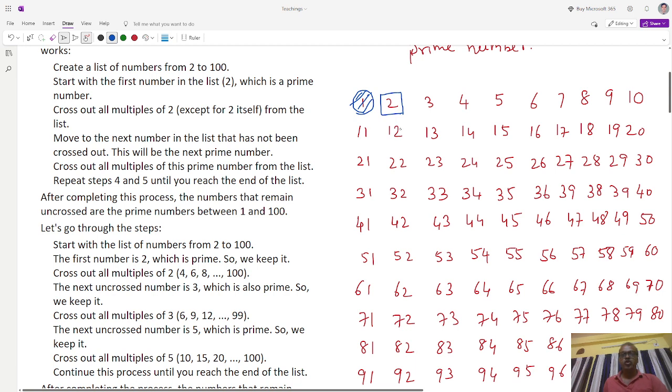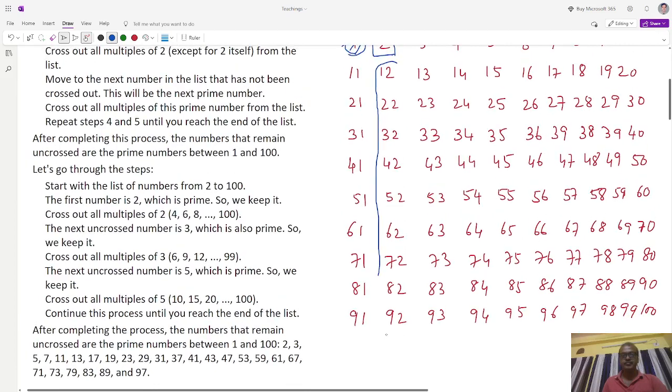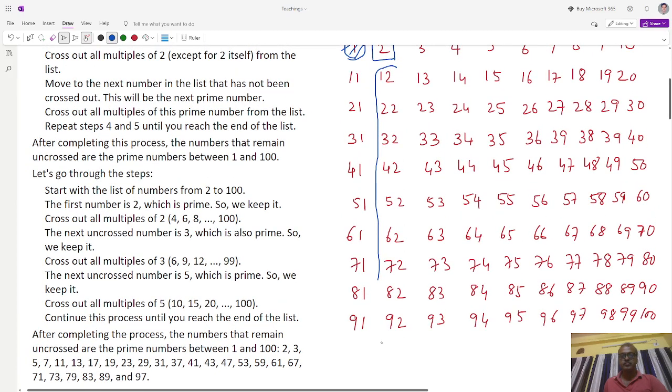So all the even numbers in this list are not prime numbers, so they should be crossed out. These are the even numbers.